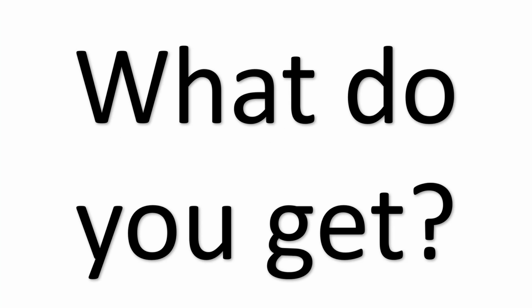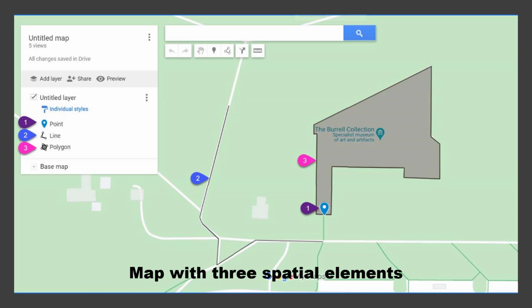So what do you get? I'm sure you're asking yourself. Well, you've got a map with the three basic simple building blocks that we use in map files. We've got a point, which is a single location on the Earth. We've got a line, which could be a journey you've taken, say if you went cycling or running from your house and then back, or where you walked to.